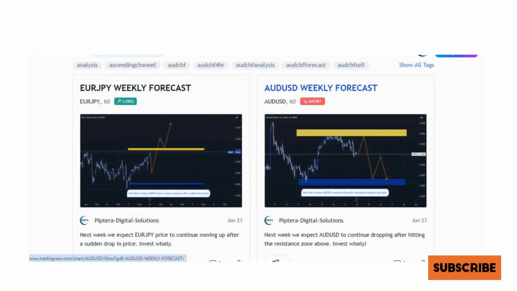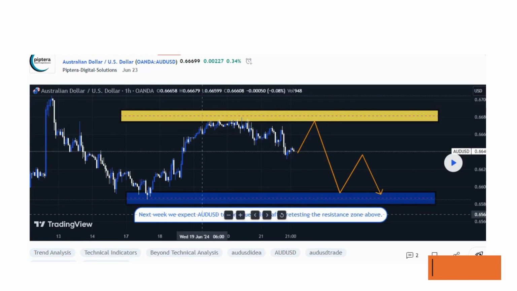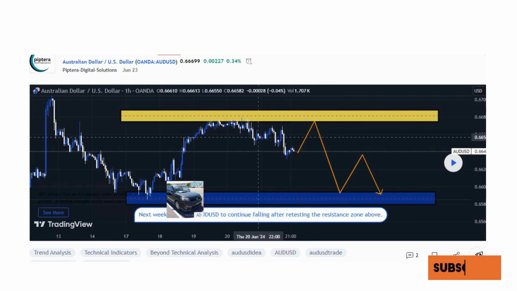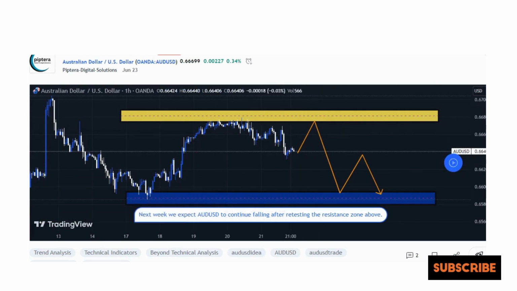Our second pair is Aus dollar. Our expectation was to see this pair continue falling after hitting this resistance zone from here. So let's see what happened.